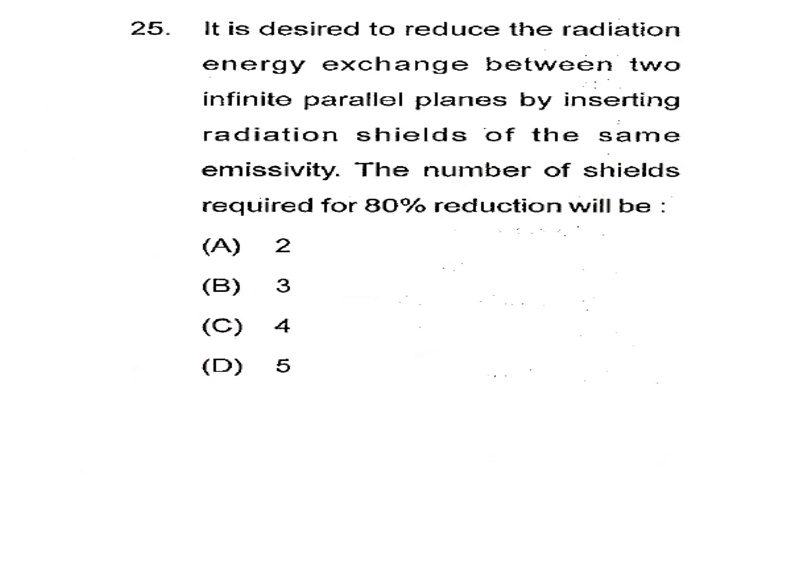It is desired to reduce the radiation energy exchange between two infinite parallel planes by inserting radiation shields of the same emissivity. The number of shields required for 80% reduction will be how much? A direct formula is there.